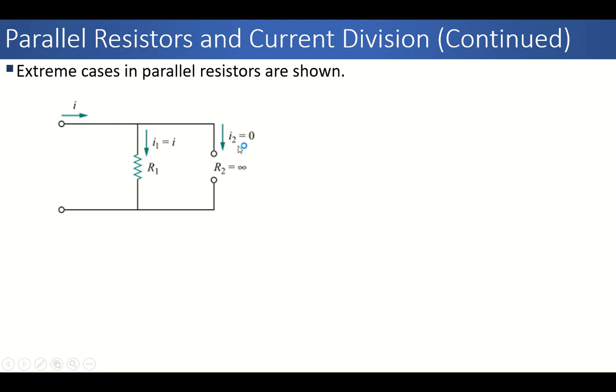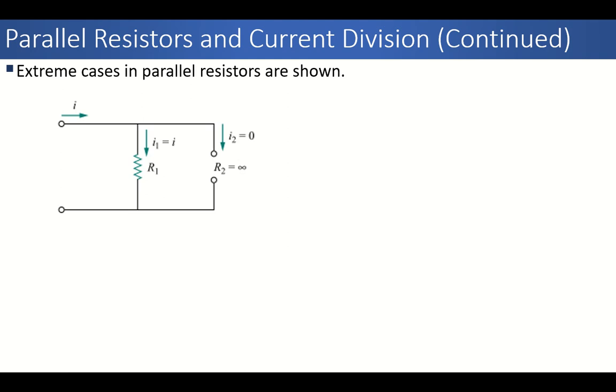In that case, the current through resistance R2 will be 0. It is not possible that current may be flowing through an open circuit. So in this case I2 will be 0, and all of the current I will be flowing through R1. So this is one of the extreme cases of the parallel.